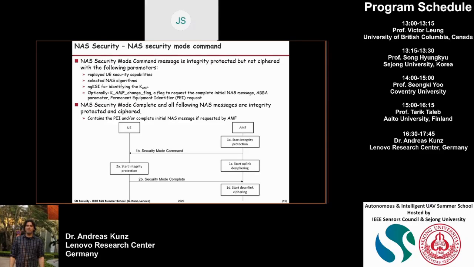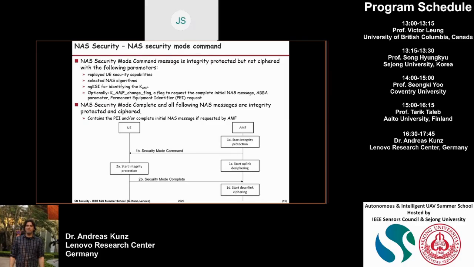The permanent equipment identifier, PEI, which is basically the IMEI of previous generations, is now also not sent in clear text over the air interface anymore. It's always sent when the NAS security is set up.